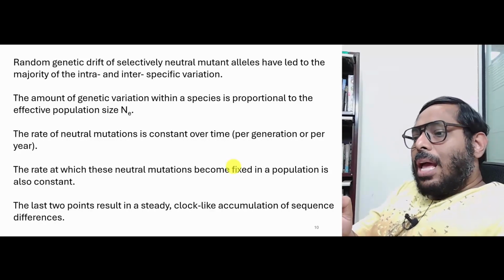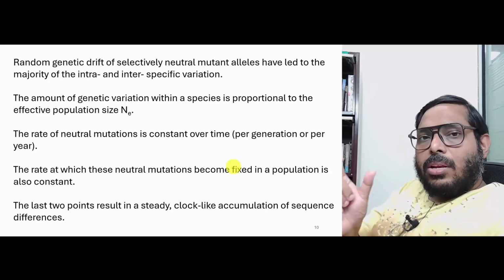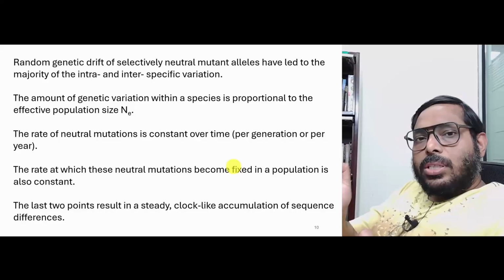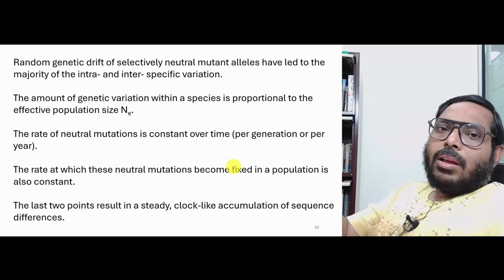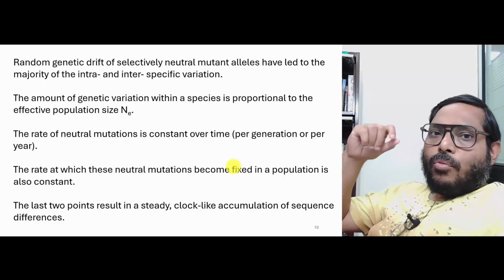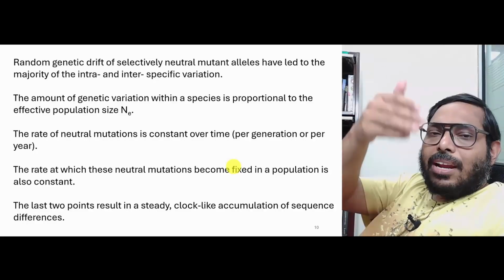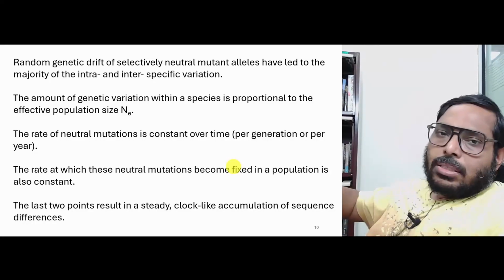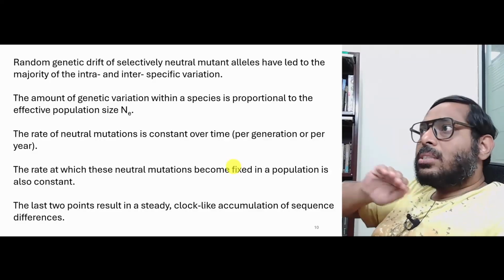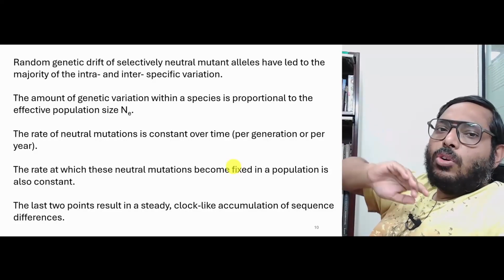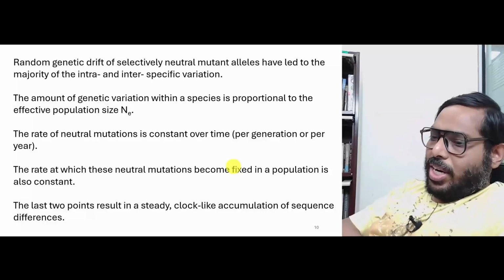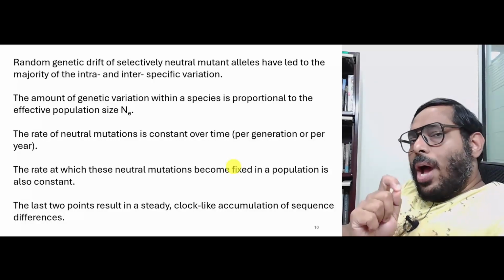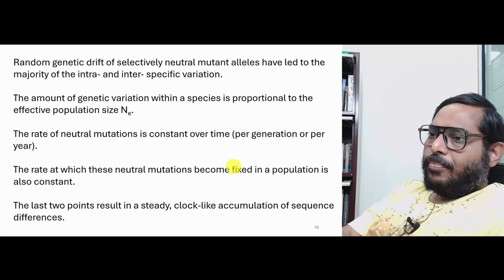That means that for any two species, the rate at which these mutations will keep on accumulating will become a constant over time, which will show up in the kind of figure that we saw in the previous slide, where as the divergence time progresses, the amount of mutation accumulating goes up linearly at a constant rate. Okay. So, this is the explanation for why you have molecular clocks.